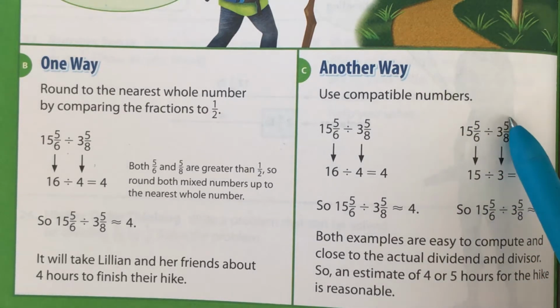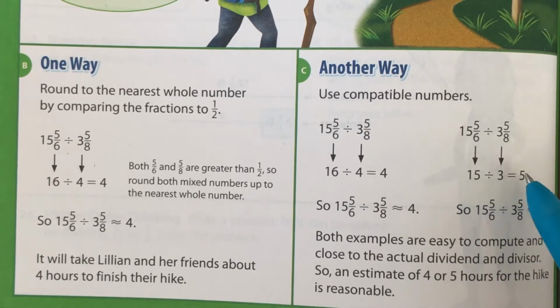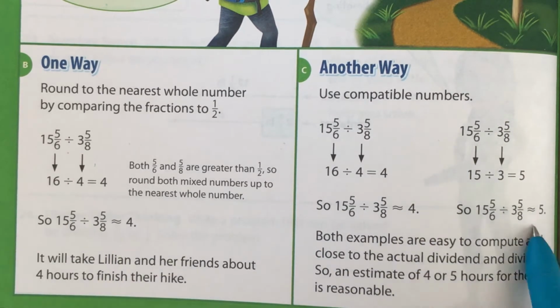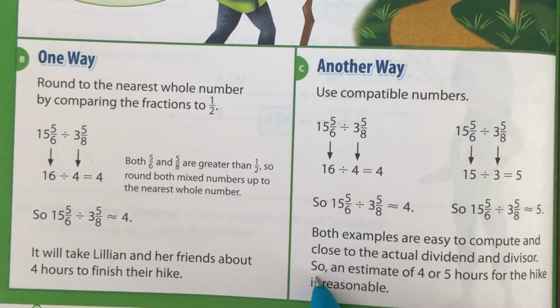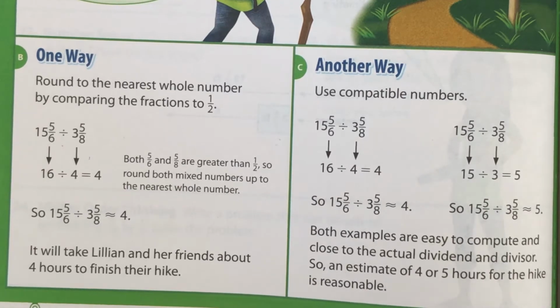And 3 5/8, they made 3, because 15 divided by 3 is 5. So you can round or you can use compatible numbers. But either way, look, you get 4 for this, you get 4 for that, you get 5 for that. Your answer should be about the same. So an estimate of 4 or 5 hours for the hike is reasonable.